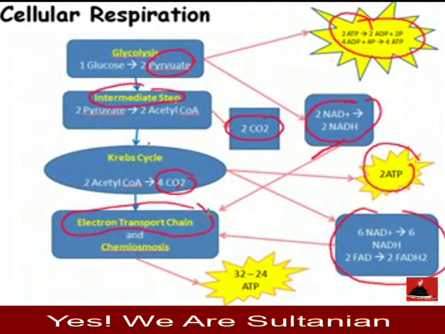Now what this does is form a hydrogen proton gradient on one side of the membrane. This gradient is going to force those molecules to want to come back in, moving down their gradient. And if you remember, there's an enzyme called ATP synthase. So these hydrogen protons are going to move across the ATP synthase during chemiosmosis, and this is when all the energy is released in the form of 32 to 34.